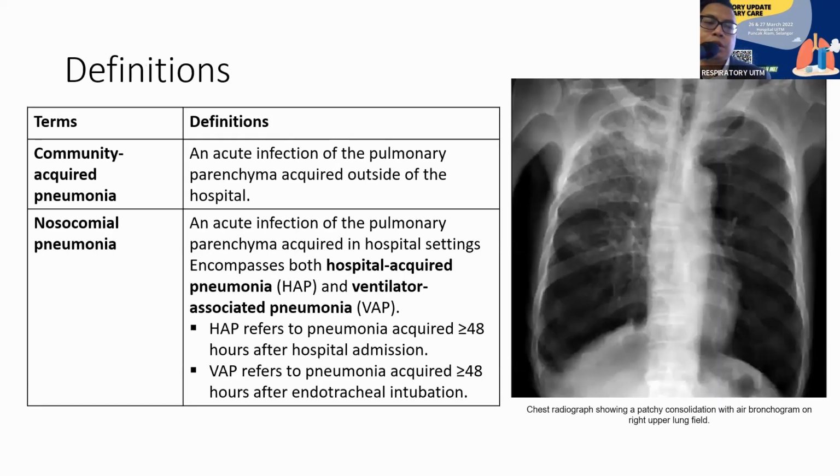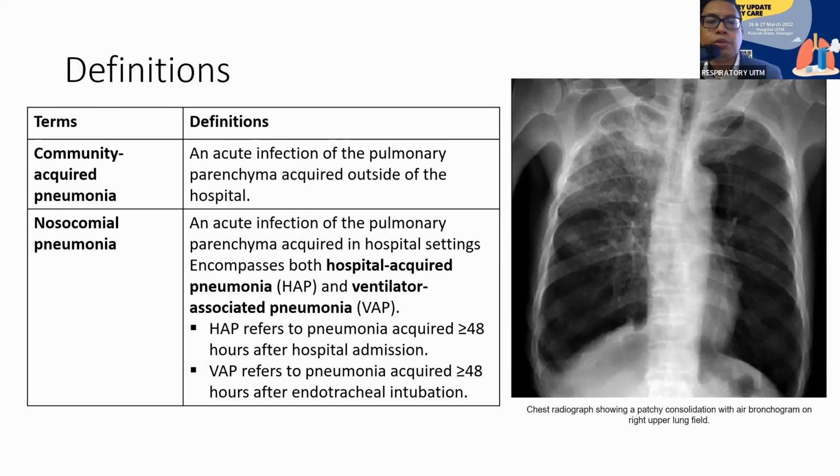So community-acquired pneumonia refers to acute infection of the lung that occurs in the community outside the hospital. In contrast, nosocomial pneumonia covers both hospital-acquired pneumonia and ventilator-associated pneumonia, whereby these two infections occur in the hospital setting.